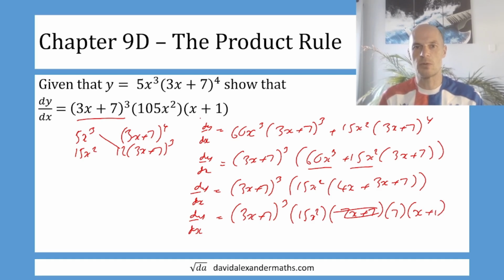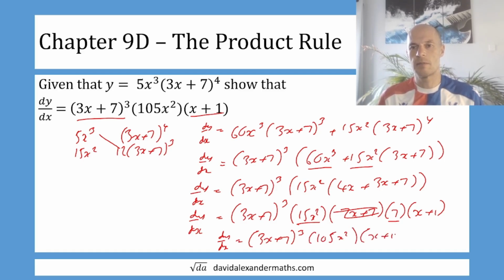So I've got the x plus 1, I've got the 3x plus 7 cubed, I just don't quite have the 105x squared, but if I multiply 15x squared by 7, let me just double check, 15 times 7 is indeed 105, so therefore dy by dx is 3x plus 7 cubed, 105x squared, x plus 1.